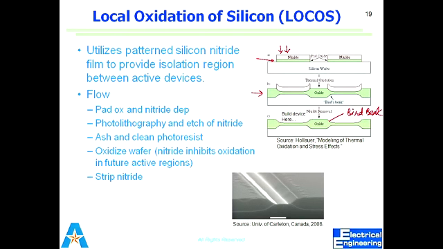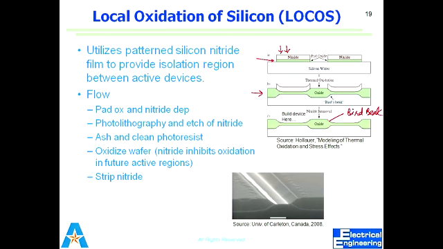It's not growing only this way, it's also growing this way. Due to the two-dimensional growth, the height increases in this part, but at the same time it increases sideways as well. It goes under the nitride layer. So when you remove the nitride layer, you will see that you have this shape, and we call it bird's beak, because it's like a bird's beak that encroaches under the nitride layer.